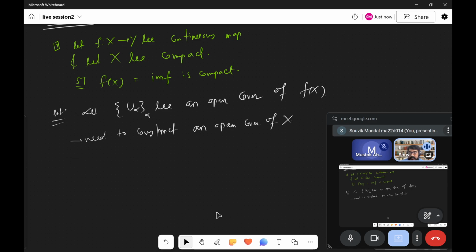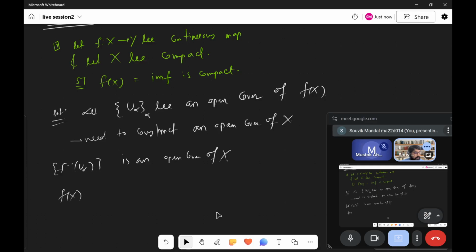Basically, since {U_alpha} is an open cover, the collection f inverse of U_alpha is an open cover of X. Why?